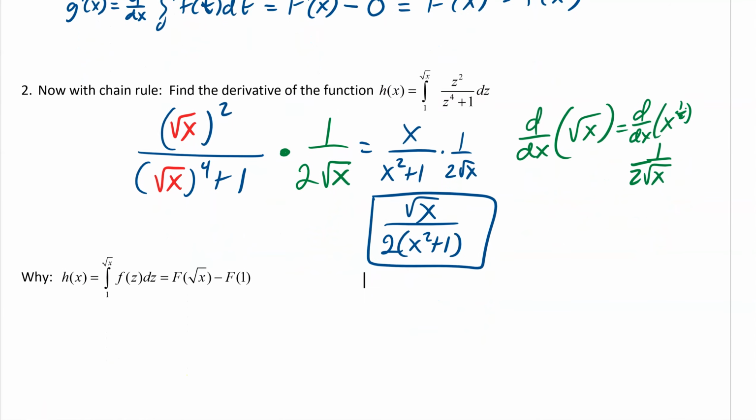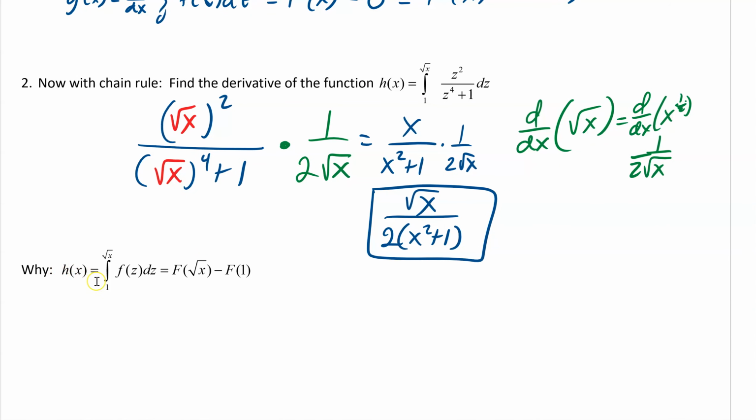And again, we have to see why. So again, here is our h of x, which is this. So we would end up with this, our antiderivatives. I'm not going to write the d/dx this time. This would just become F prime of radical x. But look, do you see how that radical x is in a parenthesis? So then you're going to have to go, okay, times d/dx of radical x. And again, this is a constant. Let me put that in blue. That's our constant.